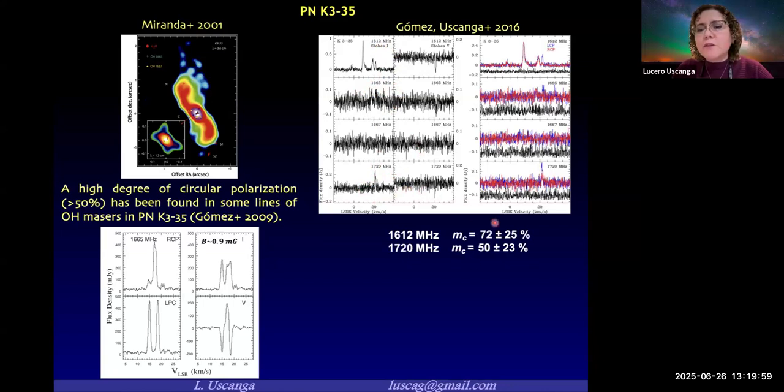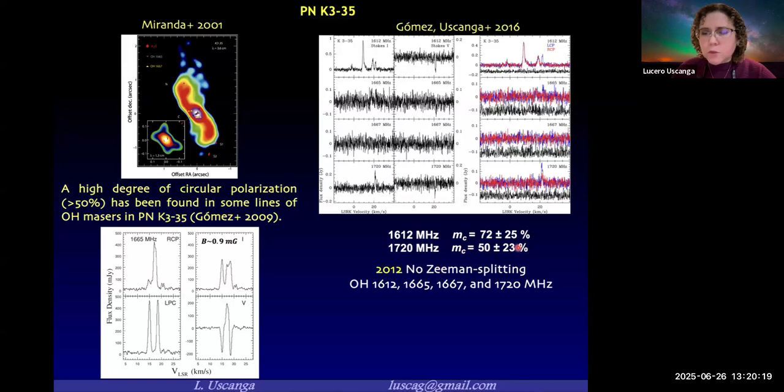We found a high degree of circular polarization of around 72 plus minus 25% in some of the features. But in our case, we were not able to find possible Zeeman pairs on the spectra. So we were not able to measure the magnetic field strength.